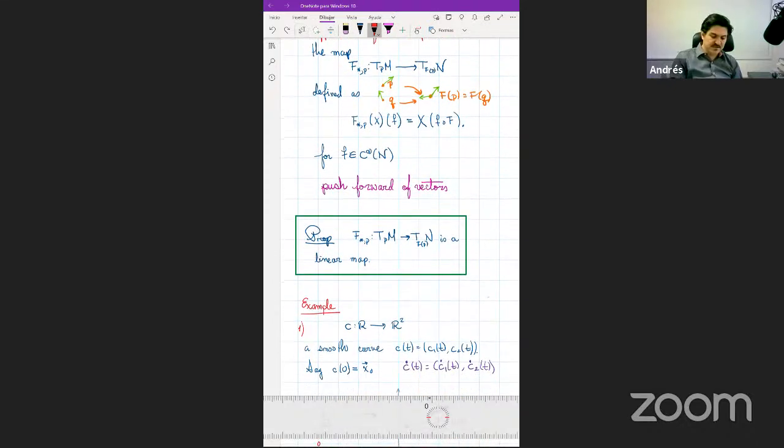Right, so this is fundamental here. Just the definition of the push forward.